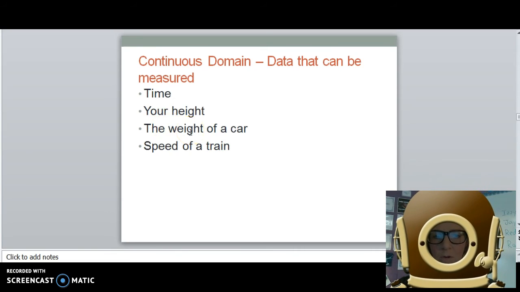The weight of a car and the speed of a train. Typically, continuous data is measured in time, things like speed, weight, length, and height.